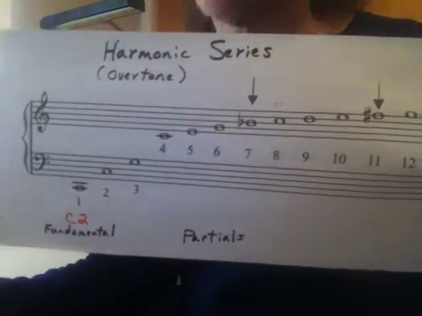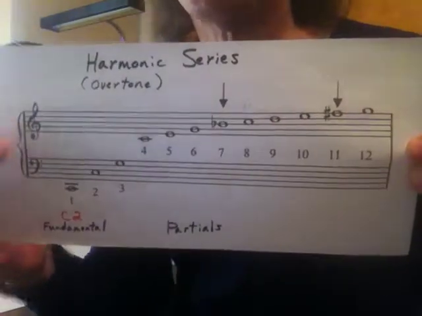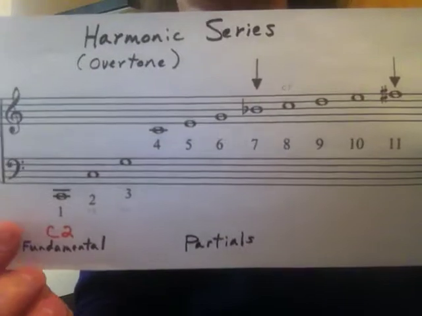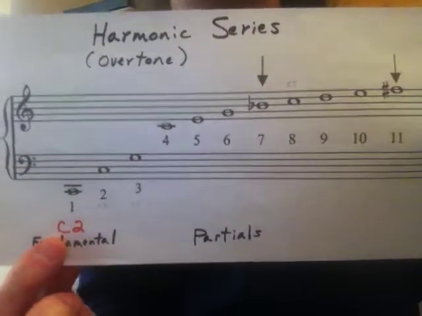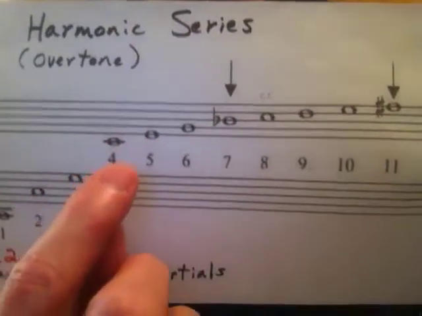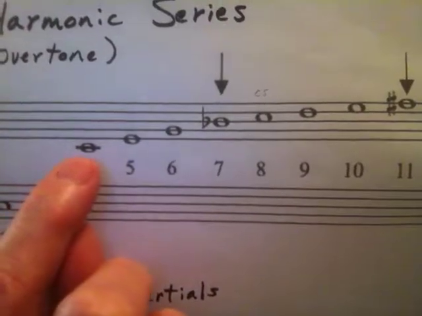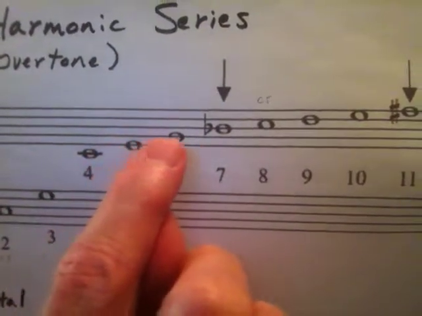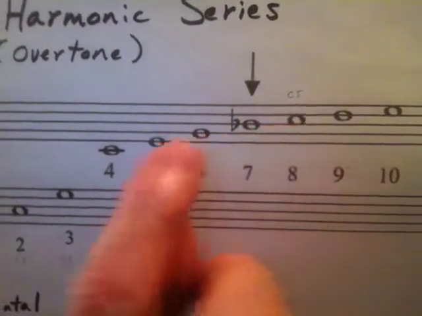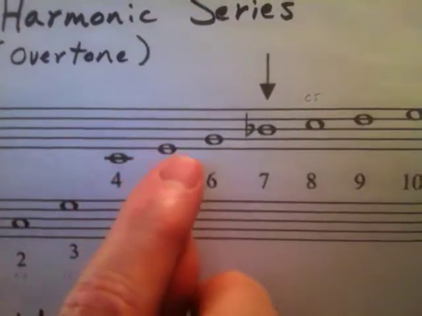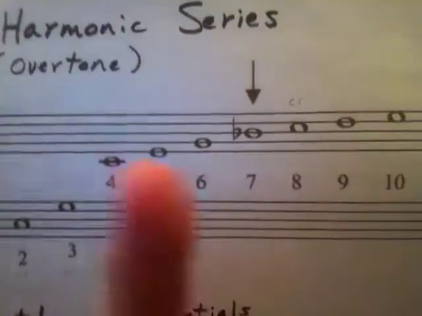Because what I failed to mention in my previous videos was, if you look at the harmonic series with C2 as the fundamental, you see that your intervals from C4 basically up to C5 are the major intervals, the thirds. Now that's very important.